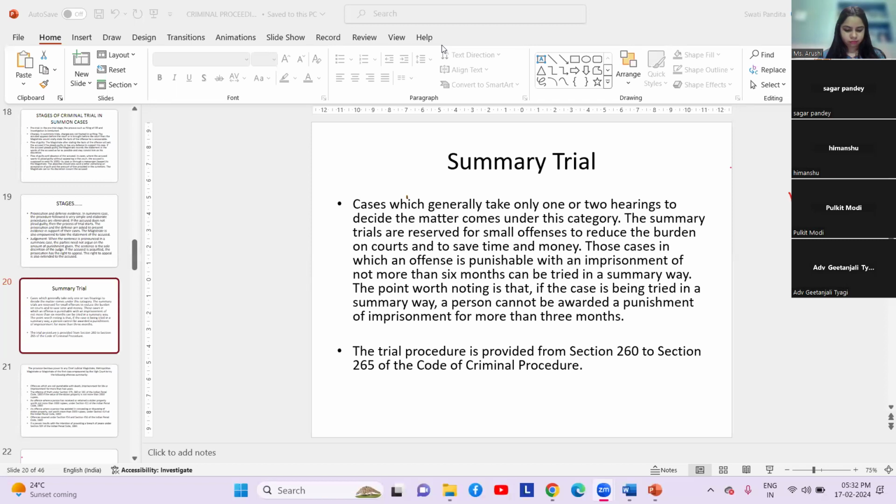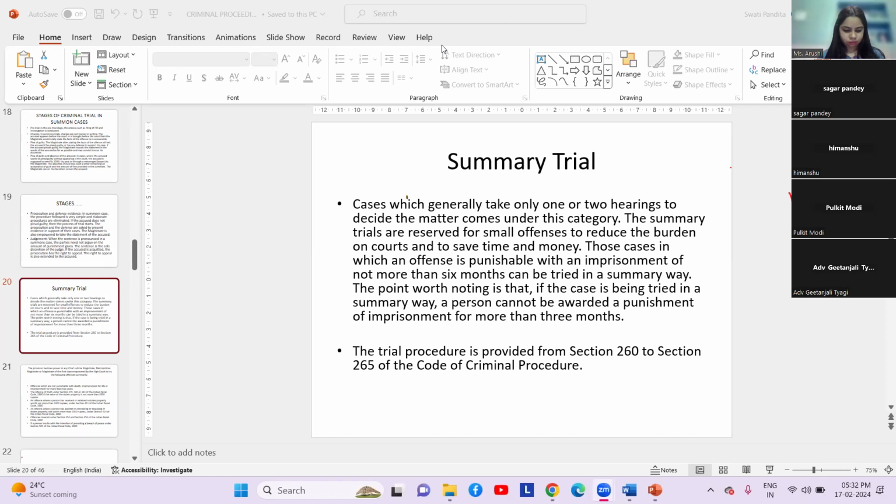The process is almost similar, although I'll speak in brevity. In this process, at the end of investigation, a charge sheet is filed. It's called the pre-trial stage. The accused person is then taken before the magistrate, who orally reads the particulars of the offense.